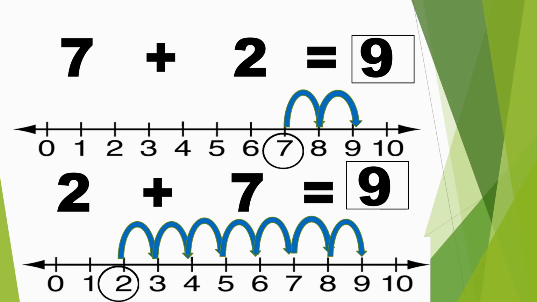In the other case, we had to hop 7 times, so it took slightly more time. So when we use the number line for addition, for convenience or to make it fast, I write the bigger number first, then the smaller number.